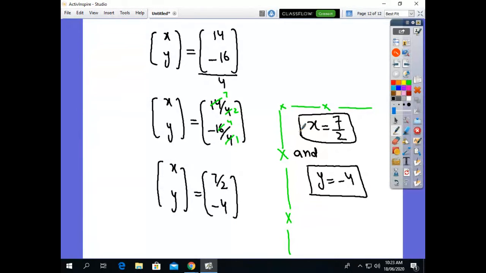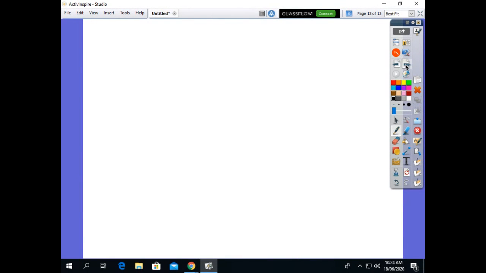Now the last question is question number 1, part number 5. Here we solve it: 3x minus 2y is equal to 4. Similarly, negative 6x plus 4y is equal to 7.